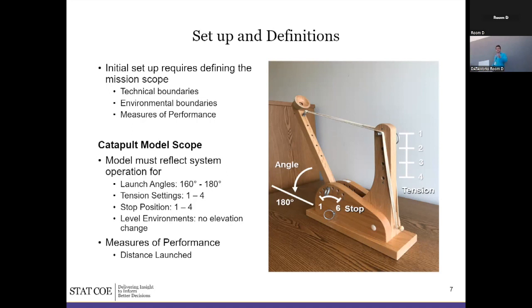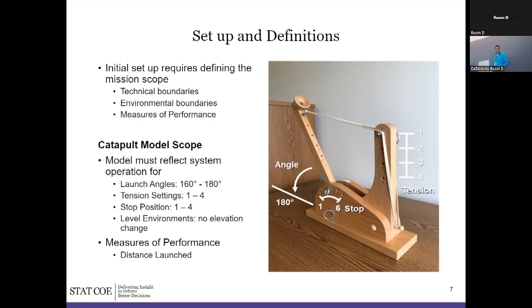In our catapult system, you can see from the picture here, our input conditions, the boundaries that we set are launch angles between 160 degrees and 180 degrees. Tension settings, that's how hard we're pulling the rubber band. Stop position, it's determined that we don't need to consider all possible stop conditions because a few of the stop conditions are not mission relevant. 5 and 6 shoot downward.